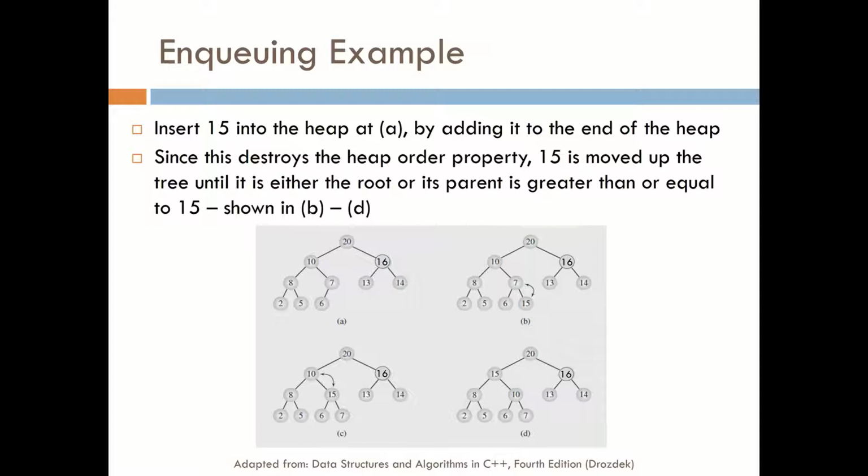So when we insert 15, we will add it at the end. And since we don't skip any nodes, otherwise we will lose the structure property, we will add that node at the end. And so the 15 is now here.